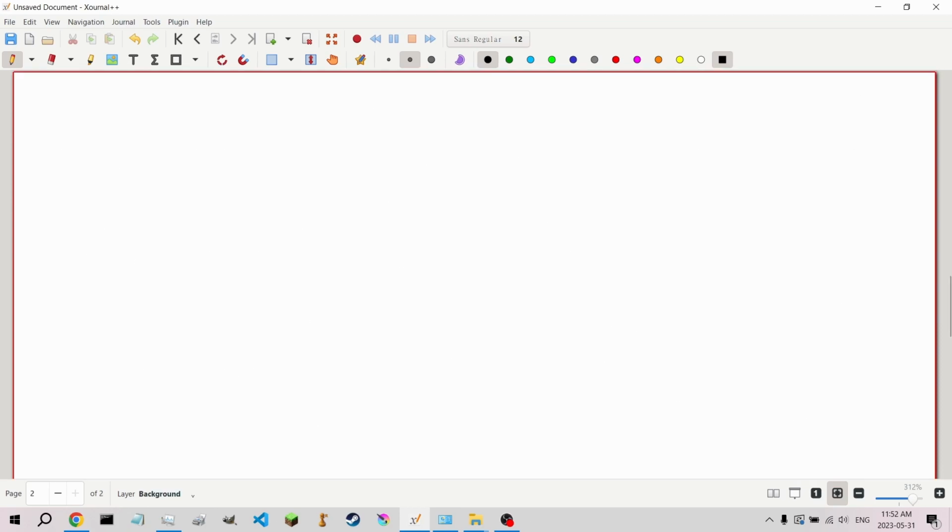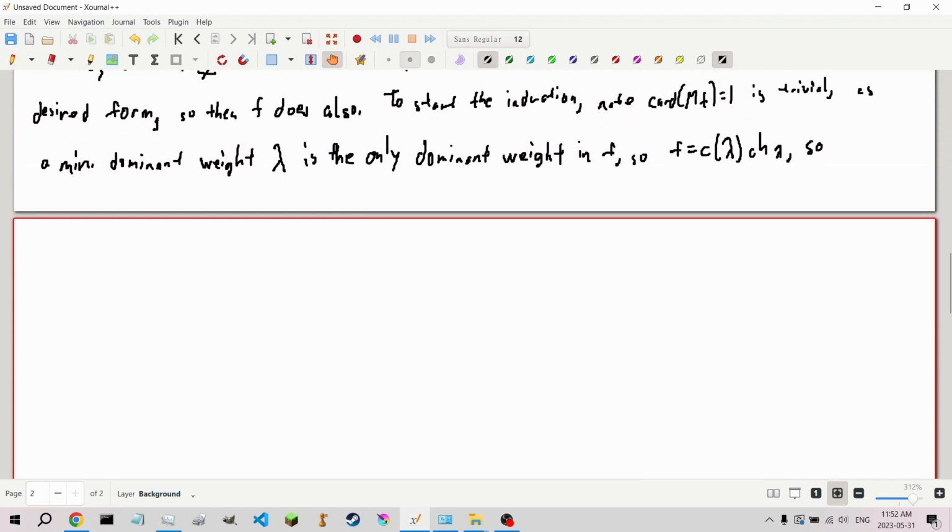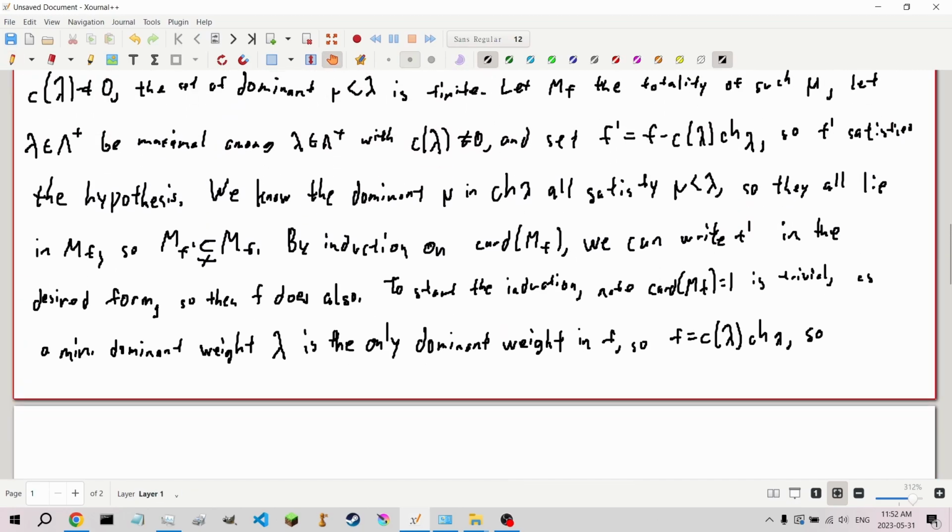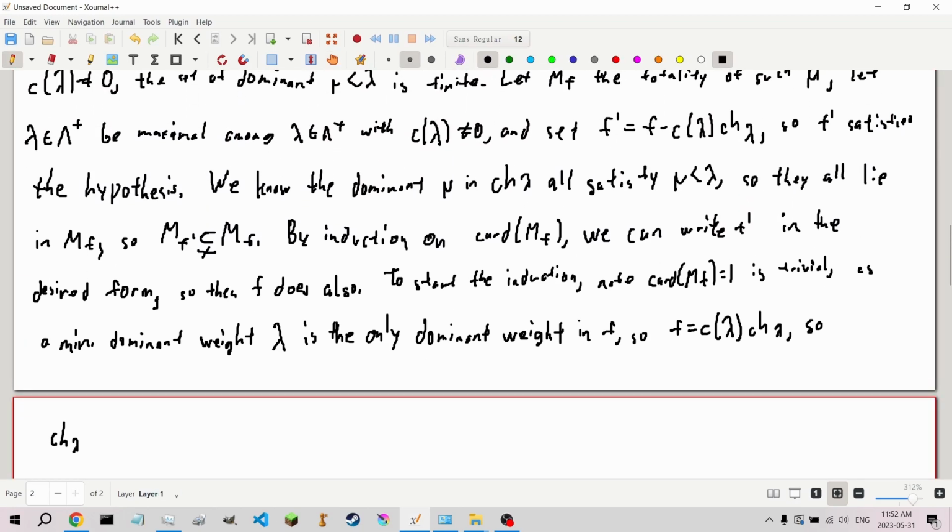So that the character of lambda is the sum over sigma in our Weyl group of e to the sigma lambda. Alright.